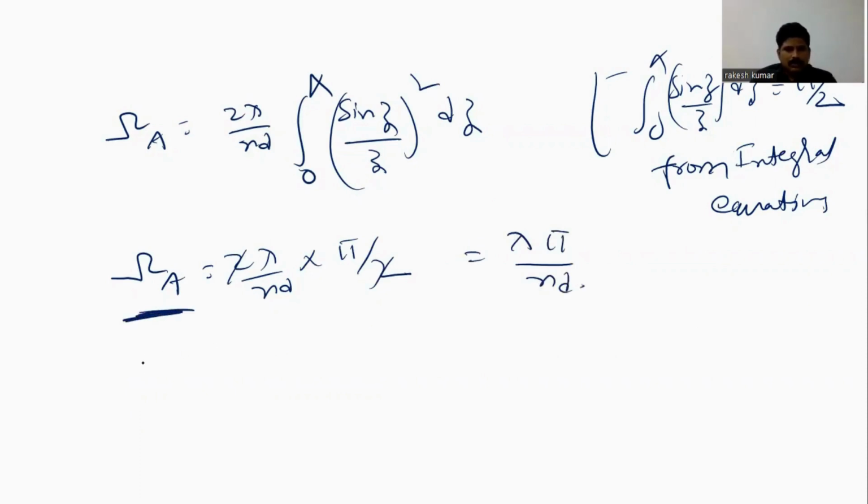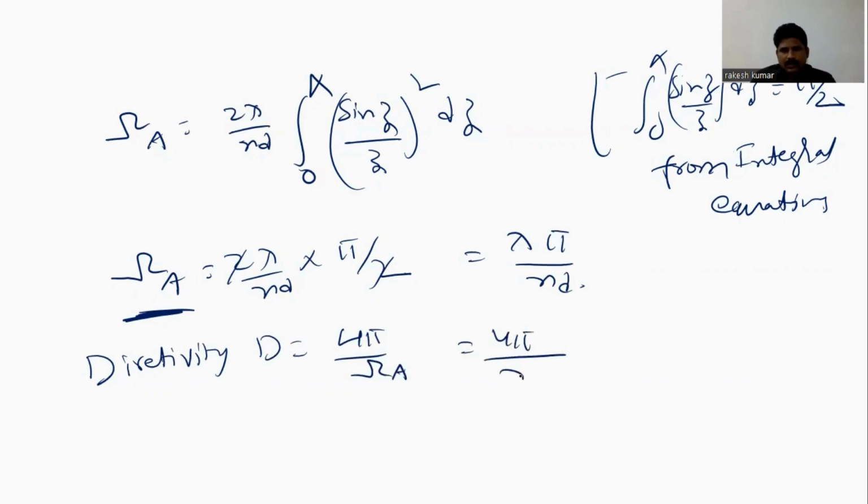Now you want to calculate the directivity. Directivity is equal to 4 pi by sigma a. So 4 pi by, what is the value of sigma a? Lambda pi by n. Pi will get cancelled. So it is 4 n d by lambda.